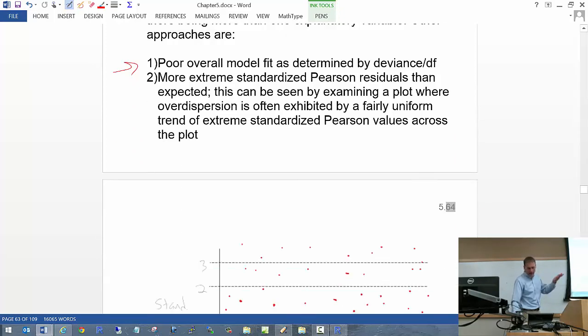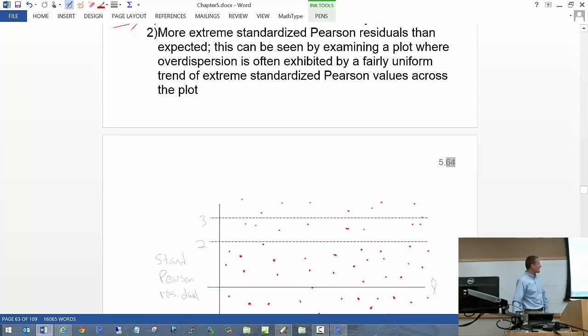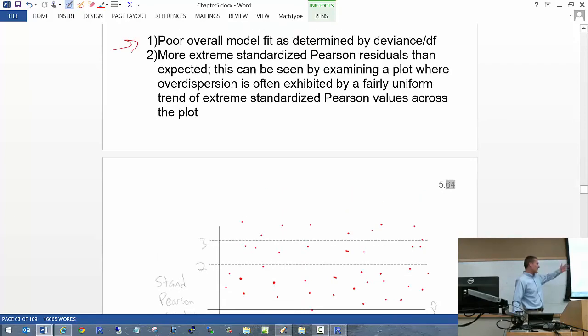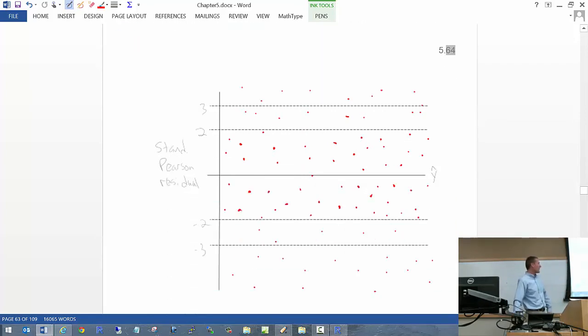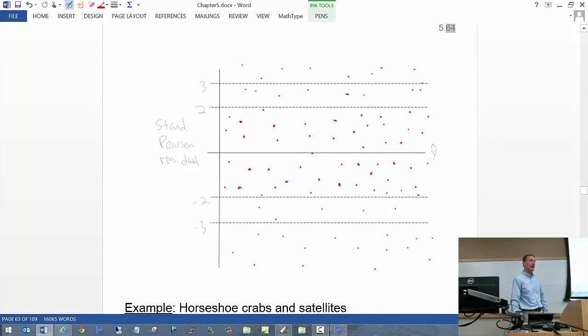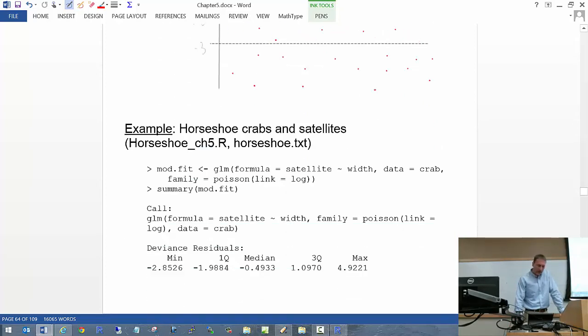And again, you might have a standardized Pearson residual versus y-hat plot that looks like this, where consistently throughout you're having this extra variability in the residuals if a standard normal approximation truly held.